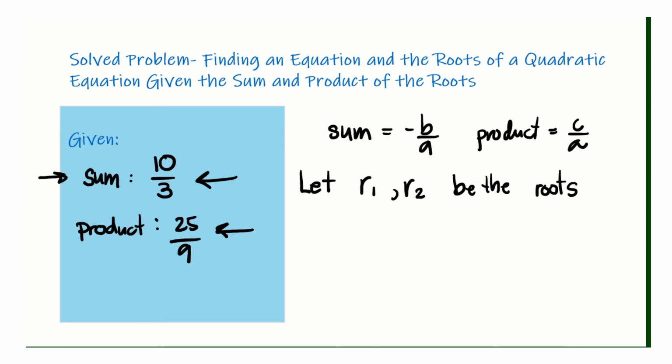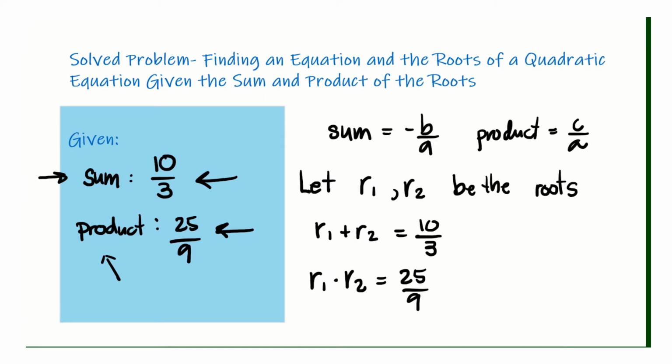The sum means if we add R1 and R2, this is equal to 10 over 3. For the product, R1 times R2 is equal to 25 over 9.